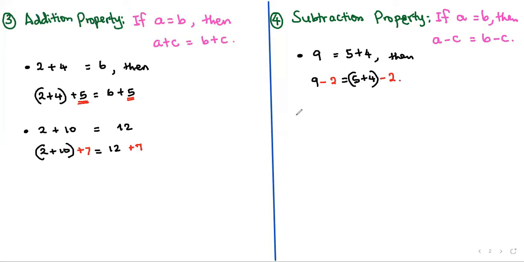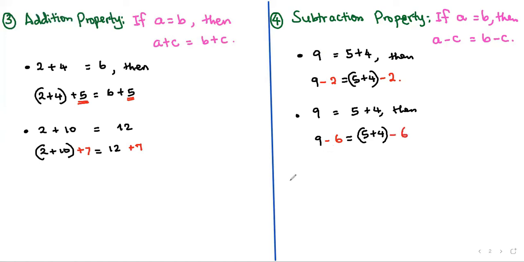Okay? If I say that I have 9, which is equal to 5 plus 4, then I get 9 minus 6. I must go on the right-hand side. I get 5 plus 4, and I also take away 6.